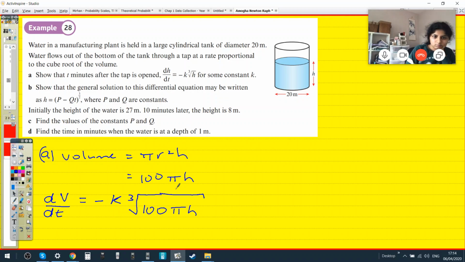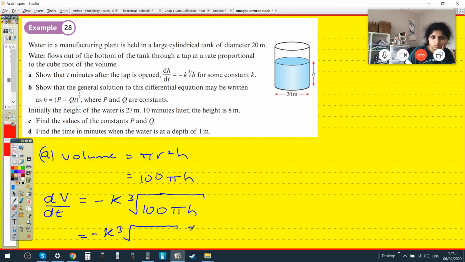And so, what is the cube root of 100 pi? Do you have to find out what it is? It just says show that it's equal to that, so you don't have to figure out what it actually is.